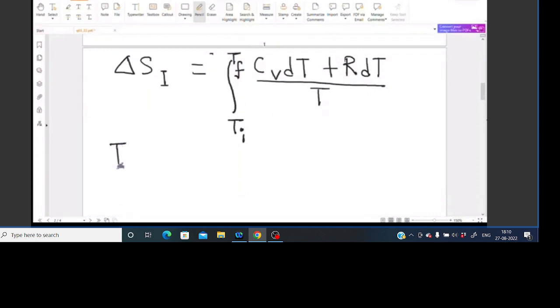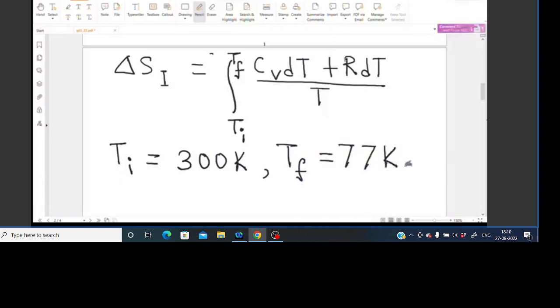In this question, Ti is 300 Kelvin and Tf is 77 Kelvin.